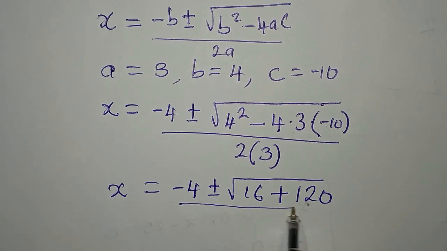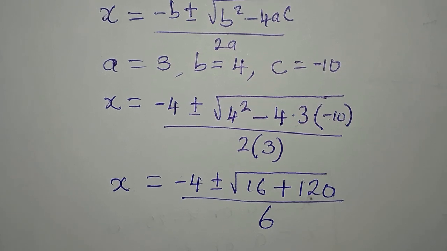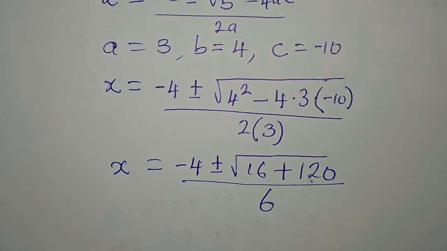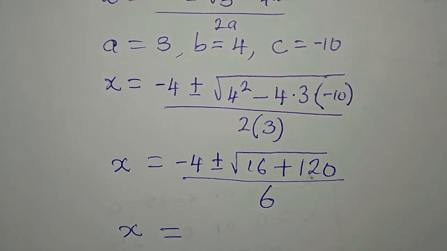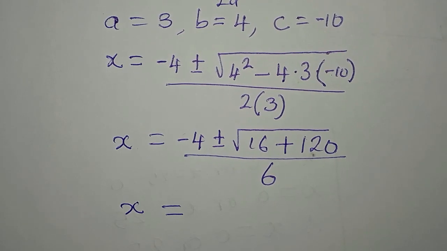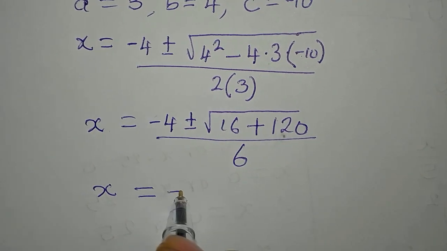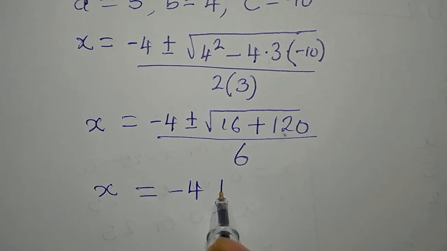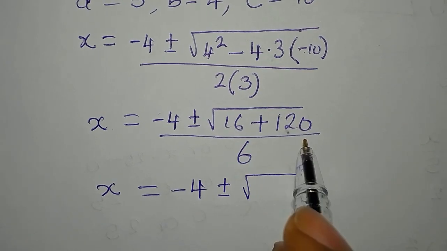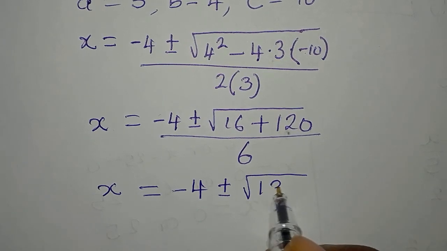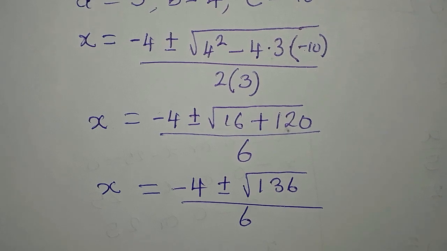Then we divide this by 6, right? So this is very simple. Now x from here will be equal to, let's deal with this quickly. So we have minus 4 plus or minus 16 plus 120 will give us 136. This is all over 6.